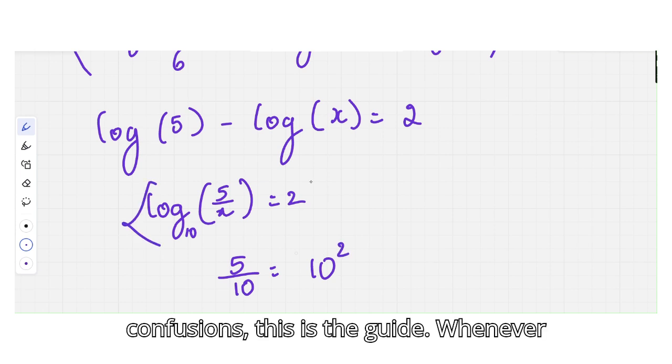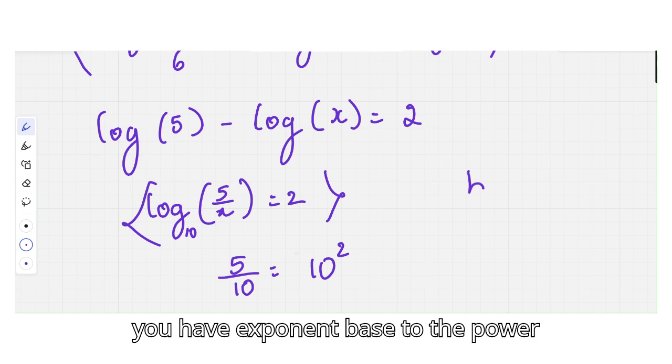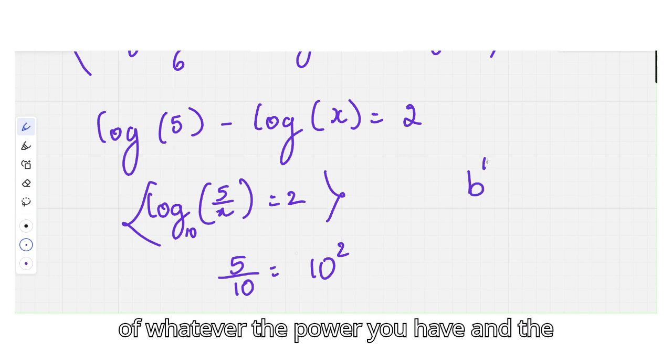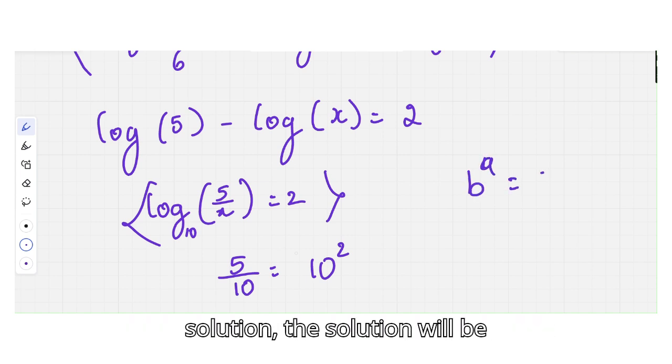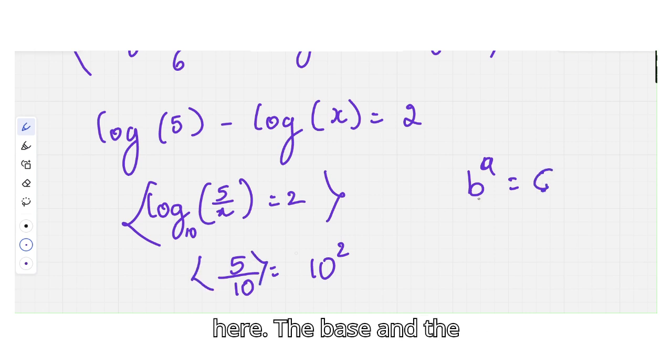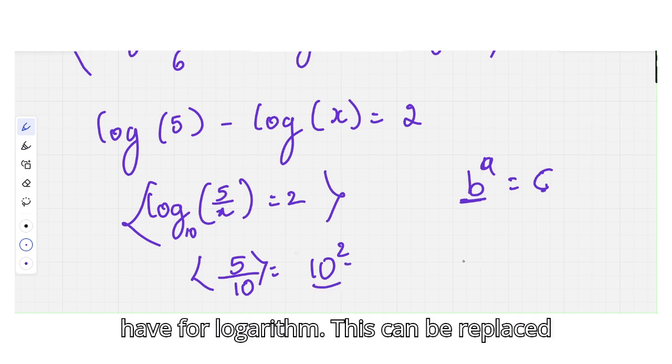To avoid confusion, this is a guide. Whenever you have an exponent, base to the power of whatever power you have, and the solution, the solution will be here, and the base and the power will be here, just like we have for logarithm.